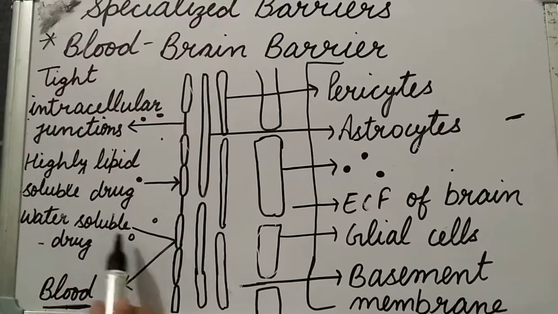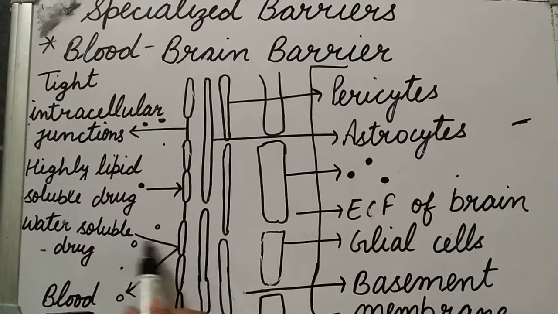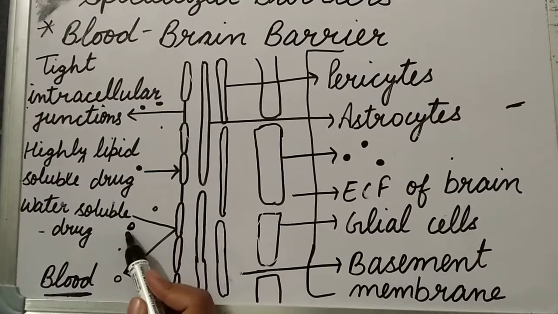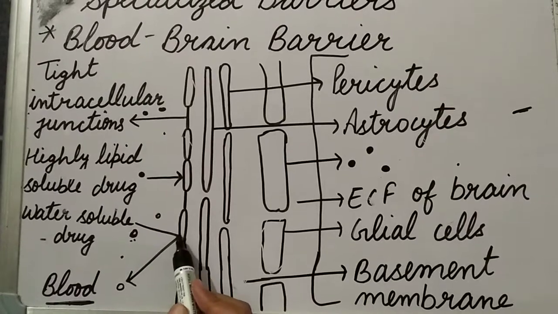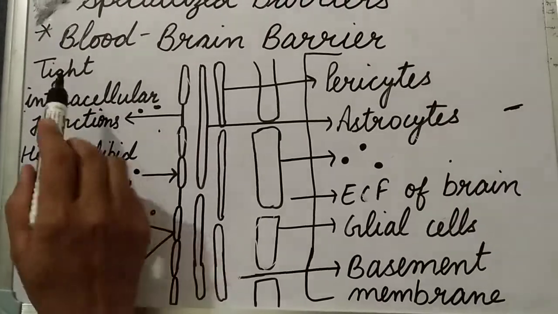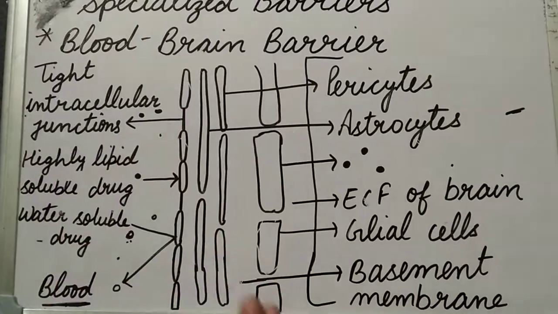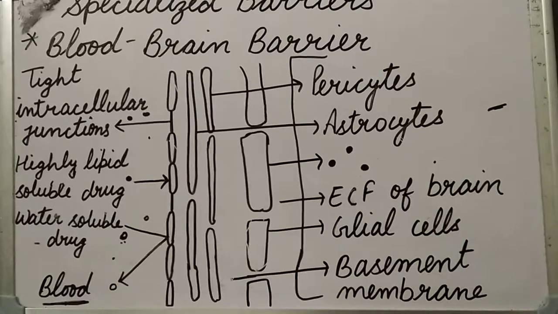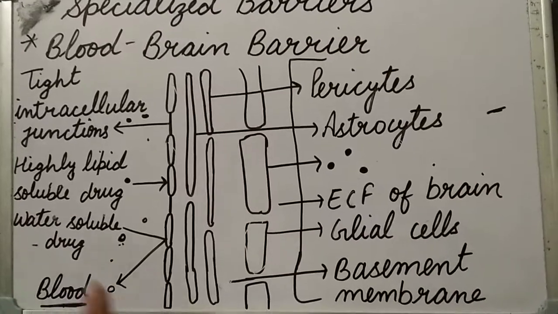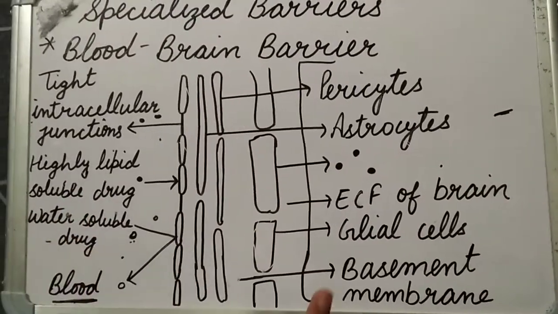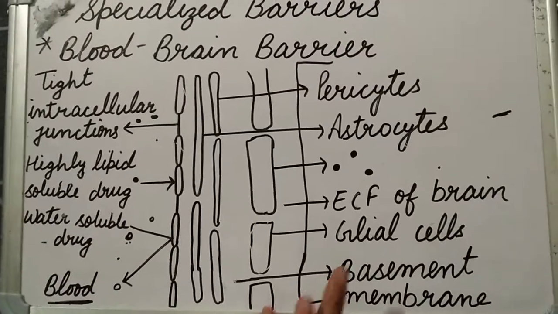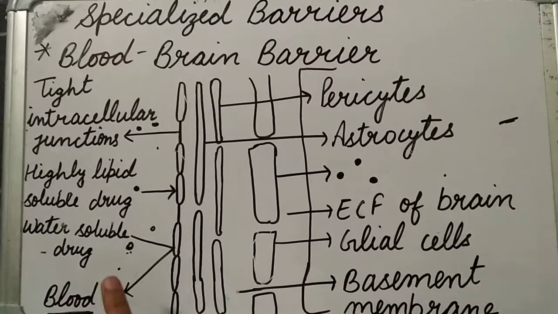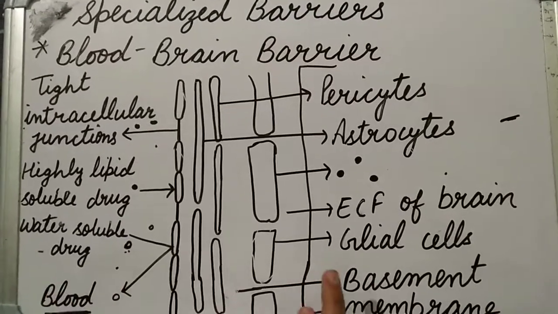Water soluble drugs, if present on this side, will not be able to cross the membrane. For example, this is a water soluble drug. This will not be able to cross these tight intracellular junctions. Thiopental is the drug with high lipid solubility and it can easily cross the membrane. However, the phenobarbital drug with poor lipophilic nature cannot cross the membrane.